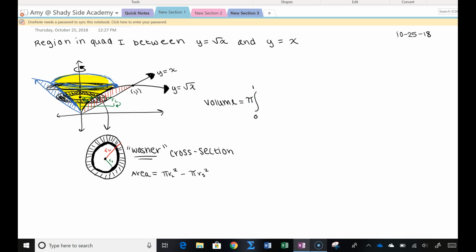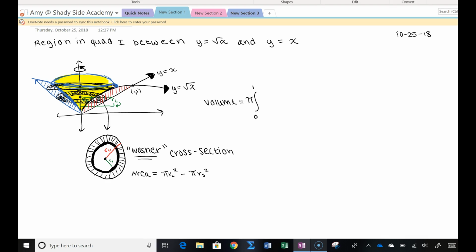Equals pi. All right. Big radius. Do you see it? Big radius is right here. It goes from the y-axis all the way out to the green curve. What is that green curve? It's y equals x, or it's x equals y. Which one do you want to call it? X equals y.